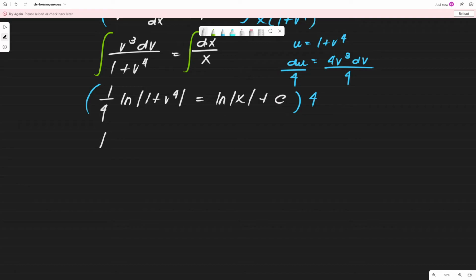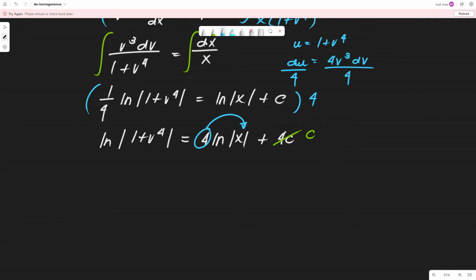So we will have the natural logarithm of 1 plus v to the fourth is equal to 4 ln x plus 4c, which is actually just simply c, because it is an arbitrary constant. Then this 4 I will make an exponent of x, so that we have just ln on both sides, then we can proceed with the property.